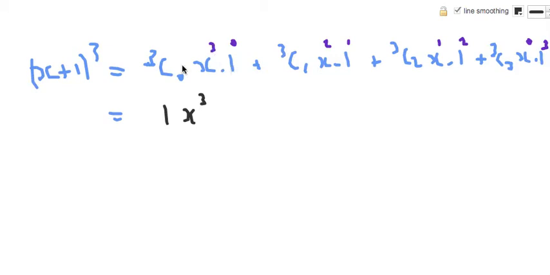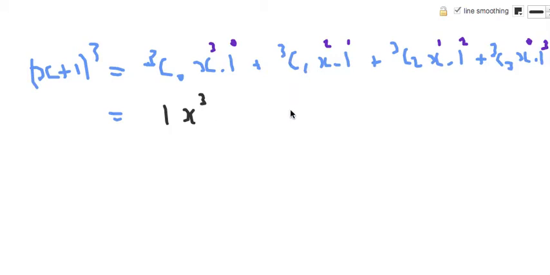Then we put the other thing in the binomial, which is 1, and that power is going to be 0, because the 2 powers always add up to 3. It starts at 3 and cascades down, and the other starts at 0 and goes up. So that's the pattern. It's symmetrical, and symmetry is very important in maths, so we'll see the symmetry again with the coefficients. So it's 1x cubed, or just x cubed.